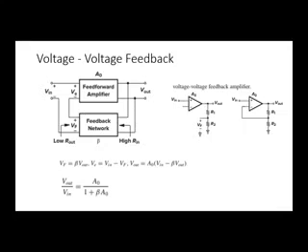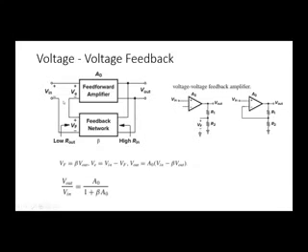We note that the feedback network is connected in parallel with the output and in series with the input port. An ideal feedback network in this case exhibits infinite input impedance and zero output impedance because it senses a voltage and generates a voltage.